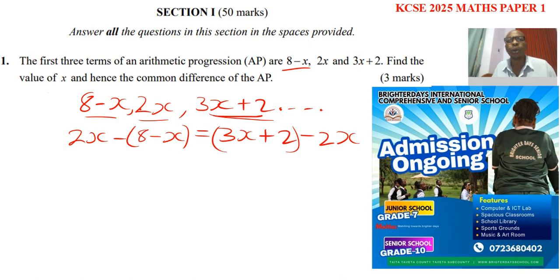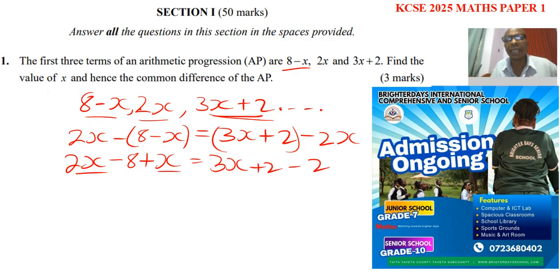When you open the bracket, this will give you 2x minus 8, minus times minus will give you positive x, should be equal to 3x plus 2 minus 2x. Put the like terms together. This is 2x plus x, that will give us 3x minus 8 is equal to x plus 2.